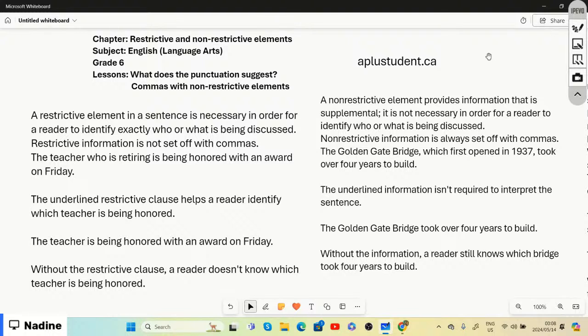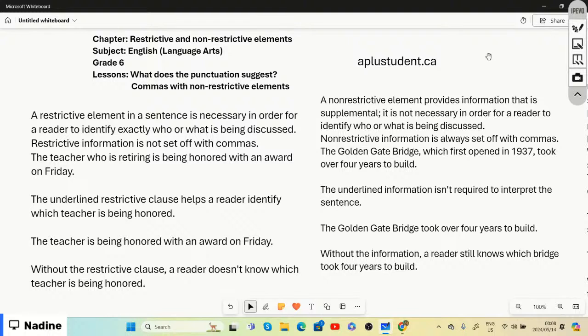It is also important to be specific when identifying exactly who or what is being discussed, because sometimes a sentence doesn't exactly pinpoint who is being discussed.